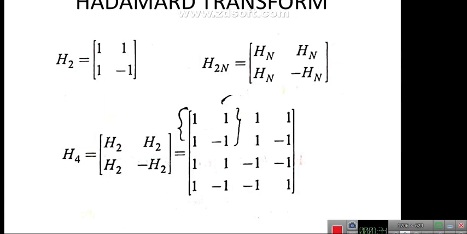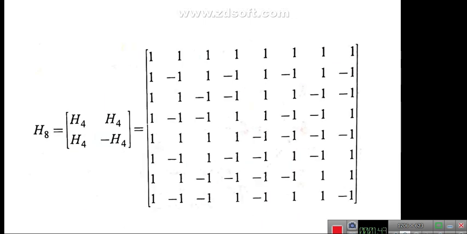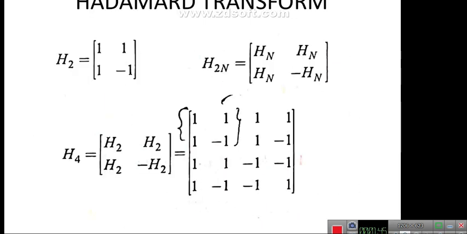N equal to 2, but we can obtain H4 because H sub 2n is 2 into 2, 4. Then if n equal to 4, H of 2 into 4, 8, is equal to H4, H4, H4 and minus H4.